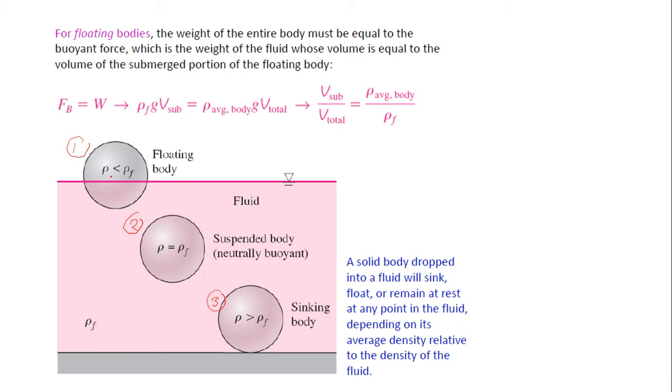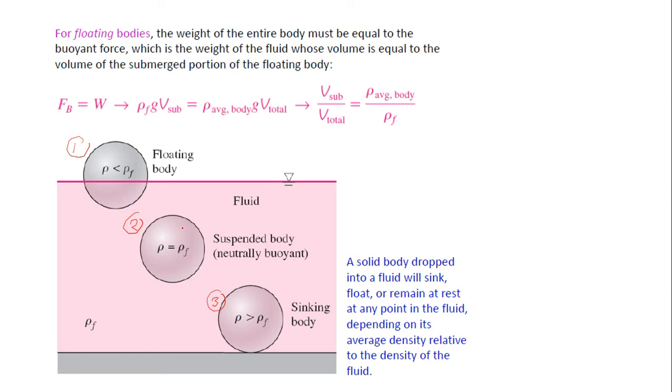Whenever the rho of the object is less than the rho of the fluid, it will float. That's a very basic understanding. If the rho of the object and the rho of the fluid are similar, it will not be floating, but it will not be sinking.